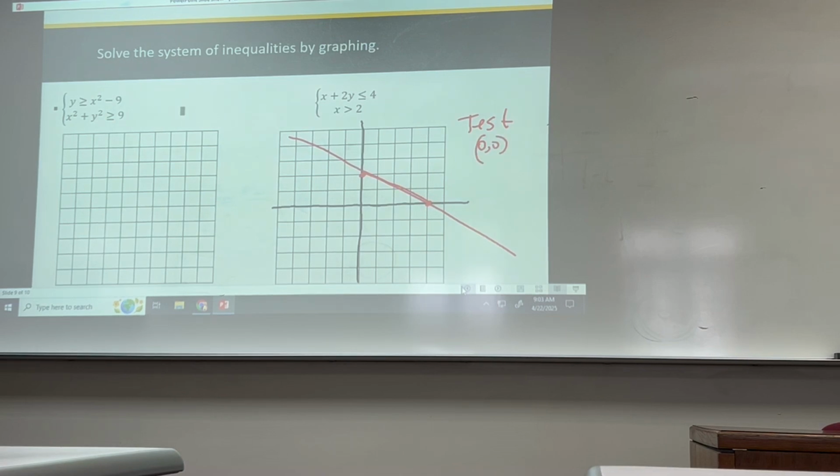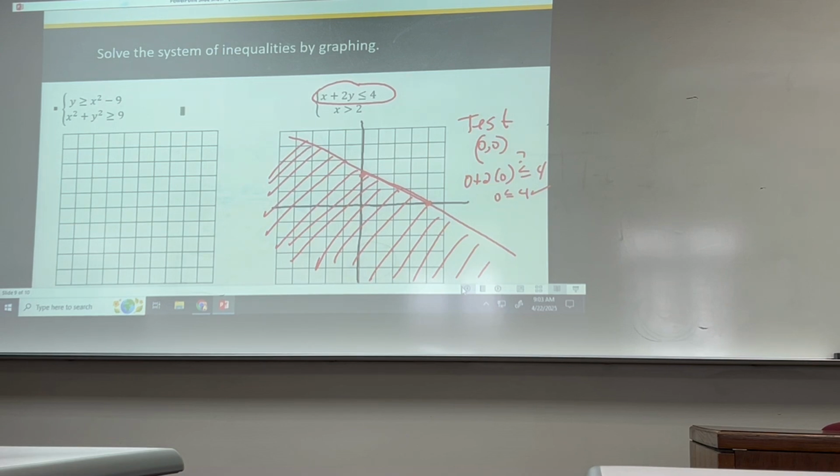If 0, 0 works, I shade this half. If 0, 0 doesn't work, I shade the other half. I'm testing it in my inequality. So is 0 plus 2 times 0 less than or equal to 4? Is that a true statement? Is 0 less than or equal to 4? Yes. And 0, 0 was on this half, so I shade that half of the line. Okay? Any questions on that?